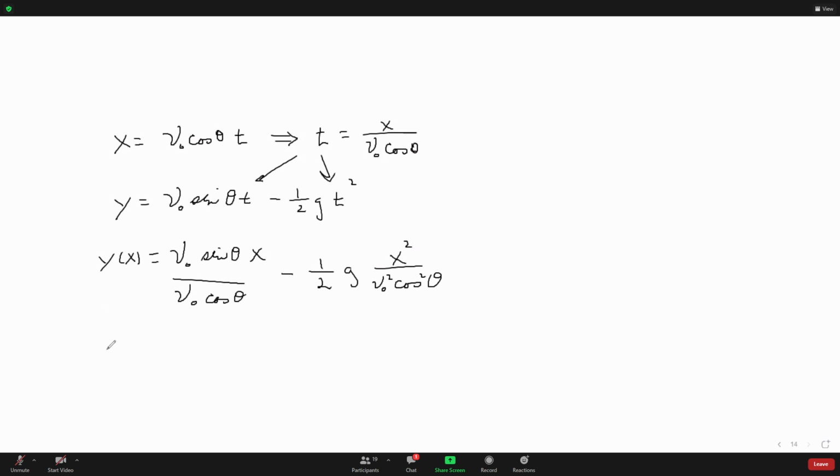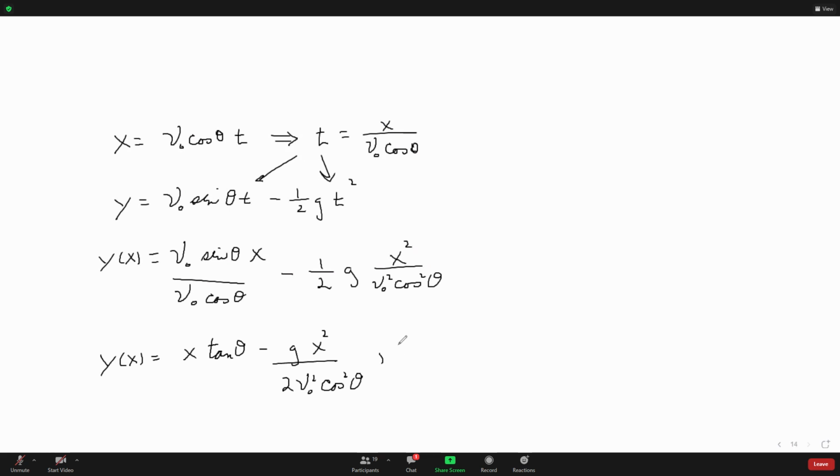Okay, so let's simplify this. y of x is equal to x times the tangent of theta minus g x squared over 2 V0 squared cosine squared theta. That's the equation of the path, but I've made an assumption here in order to keep the algebra simple.